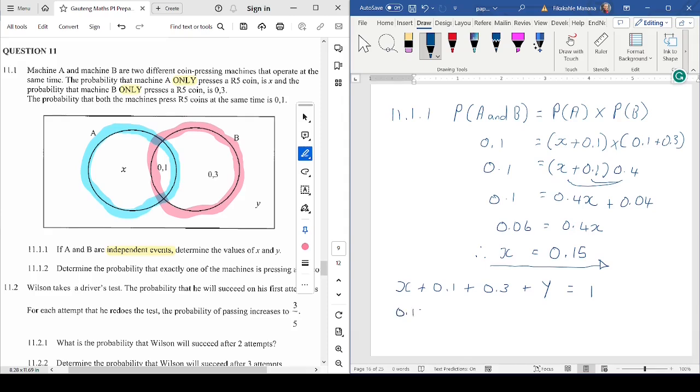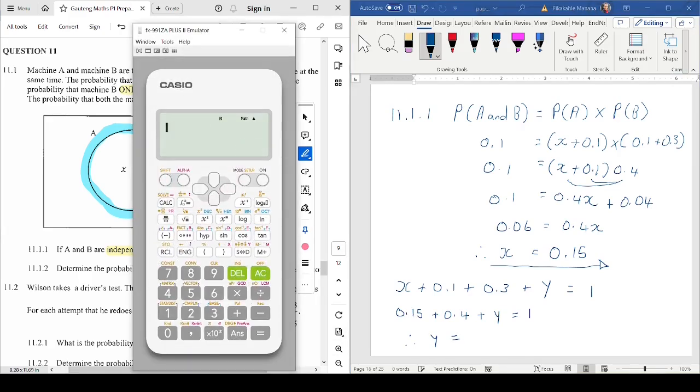It's 0.15 plus 0.1 plus 0.3, that's 0.4 if I add them up, plus y is equal to 1. Therefore, my y is equal to, now I need the calculator once again. 1, and if I take these numbers to the other side, they become negative, right? So it's 1 minus 0.15 minus 0.4. And then what do we get? Let's change it to decimal.